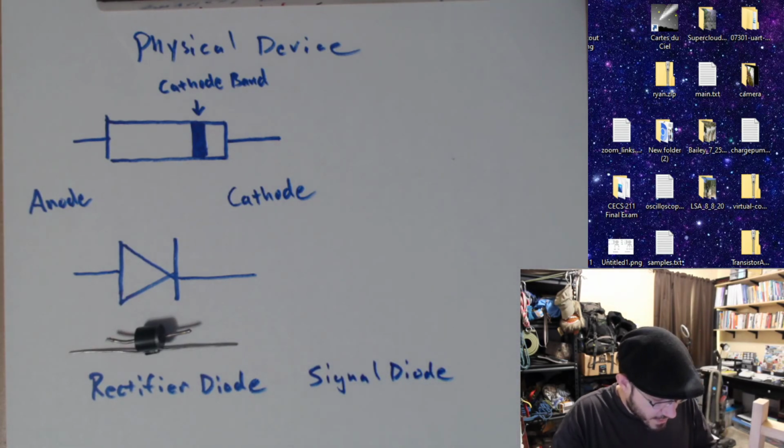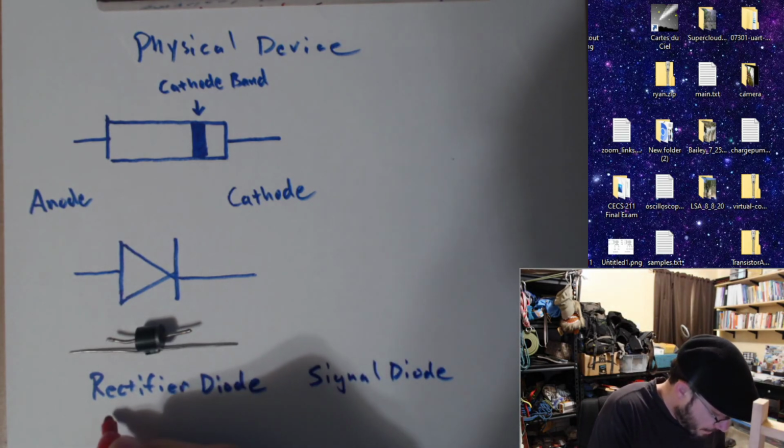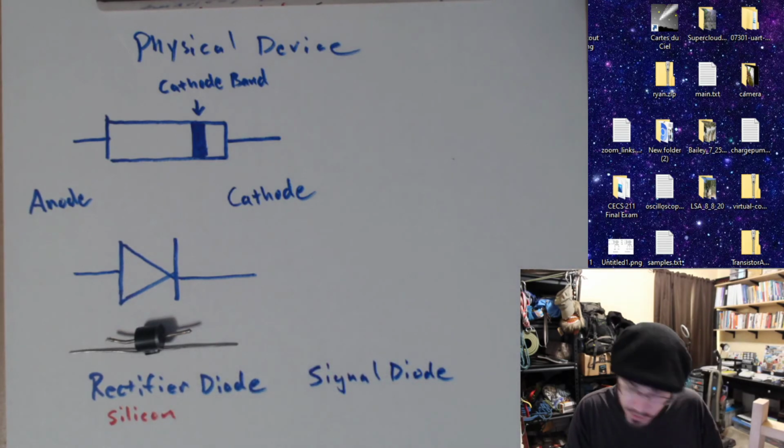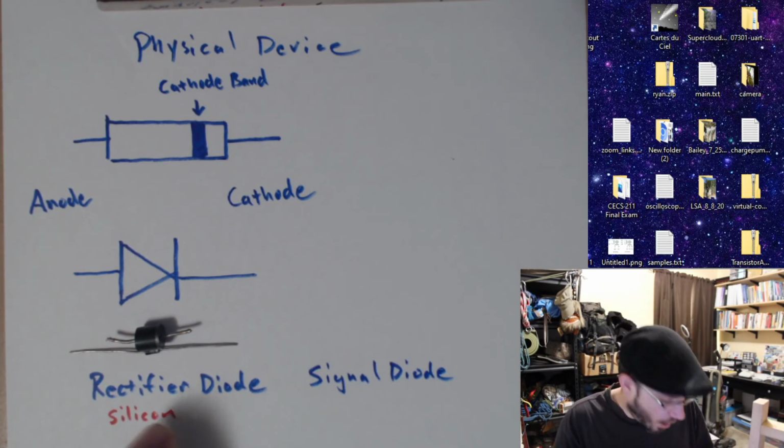Now, they are constructed a little differently. Rectifier diodes are made out of silicon. And in the very beginning of 311, we will go into the semiconductor physics of how these are constructed on silicon.